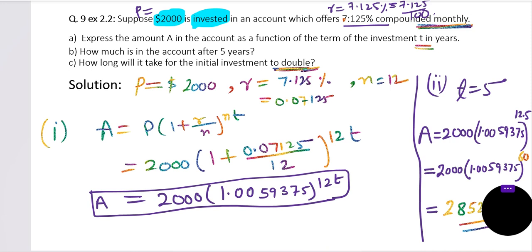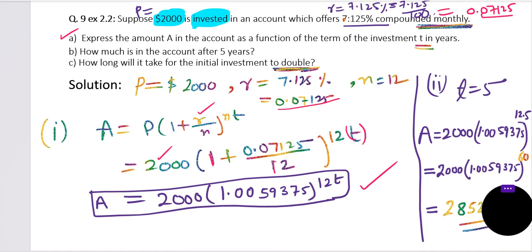How much will that be? If you see with the calculator, 0.07125. So we will use all that. P is 2000, 1 is the same, r interest rate is this one, and n is 12 because it is given monthly, 12 on time t. So this is the rule.